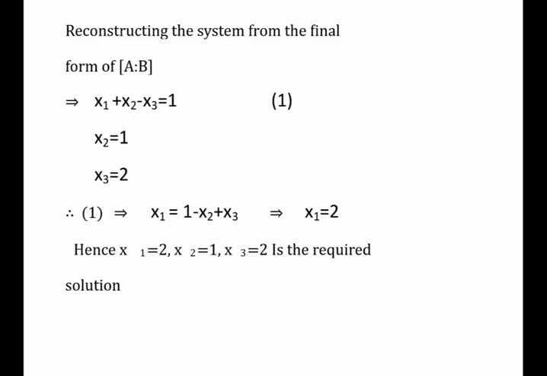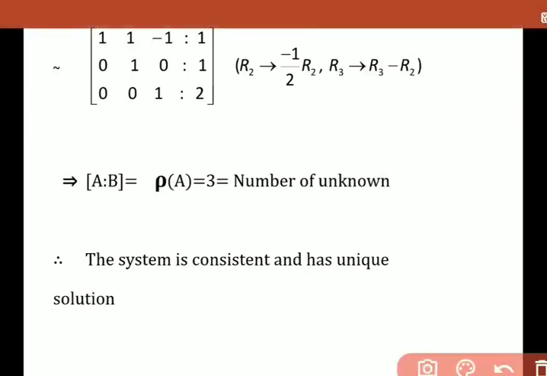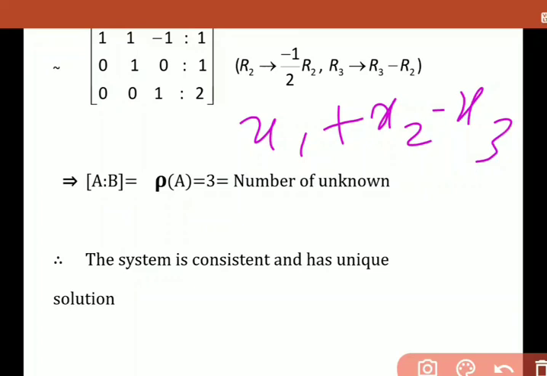We have x1 plus x2 minus x3 is equal to 1. This is equation 1. And equation 2 is x2 is equal to minus 1. I hope you know this. From the first row we have x1 plus x2 minus x3 is equal to 1, this is equation 1. And equation 2 is from the second row.